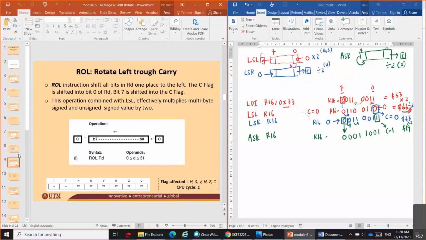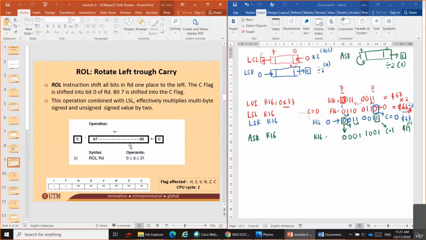Yes, for the ASR, you can work with both signed and unsigned numbers because you copy back bit 7. Even though you have an unsigned number, where bit 7 is 0, you copy back bit 7 and the value is still an unsigned number, because bit 7 remains 0.